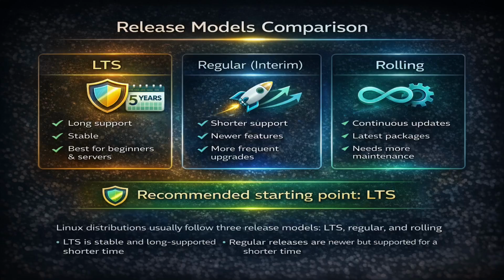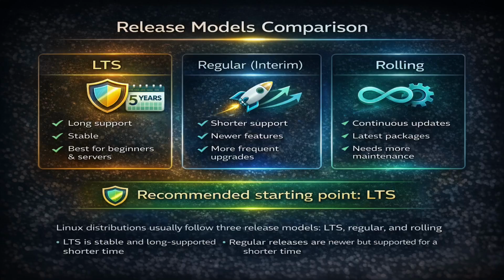You will also hear about different release models. There are LTS releases, long-term support; regular releases, shorter support, newer features; and in some distributions, rolling releases, continuous updates. LTS versions are usually more stable and predictable.